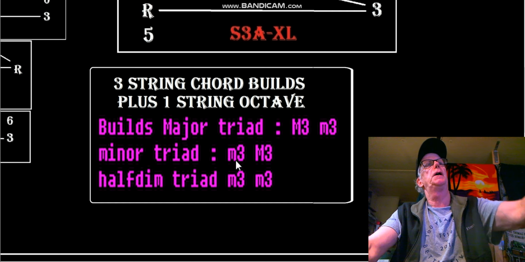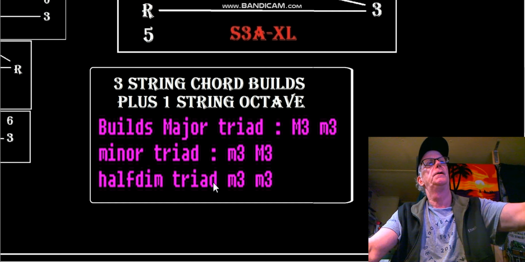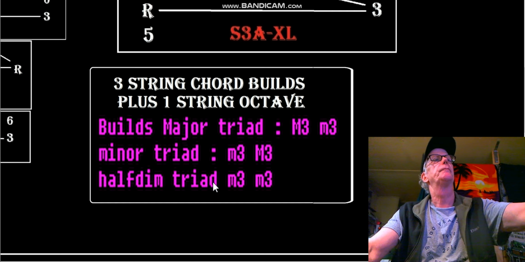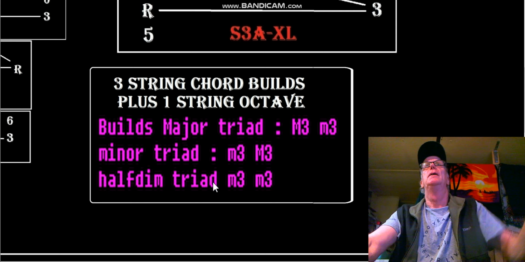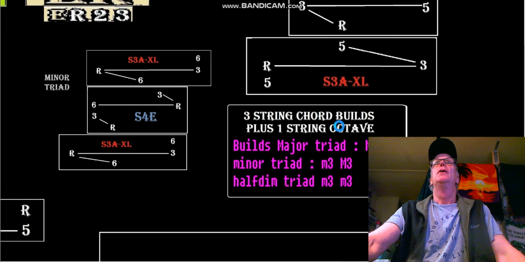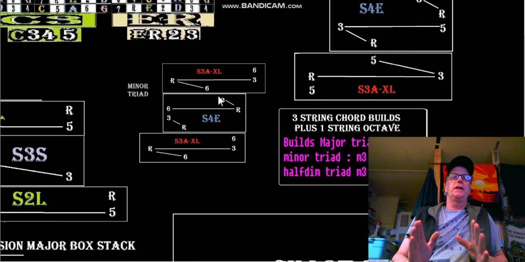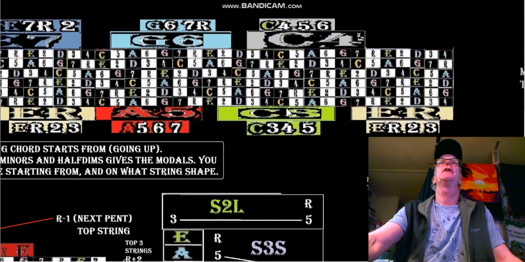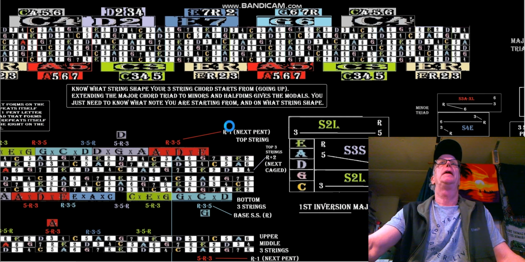Minor triad's a minor third and a major third, and then half diminished is 2 minors. So that's the fix there. So we're going to build those things off of the string shape. So we simply have to know which string shape that we are on.